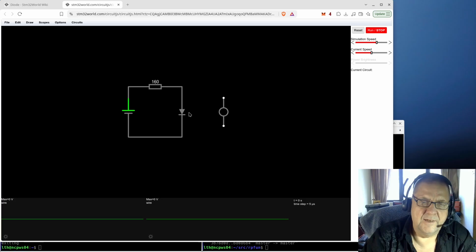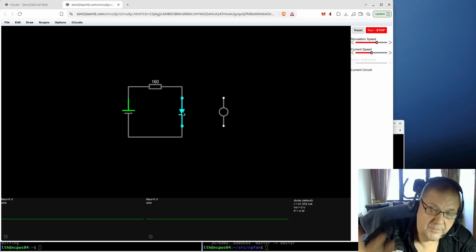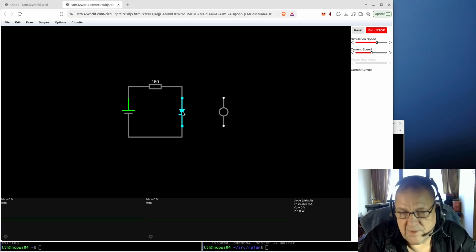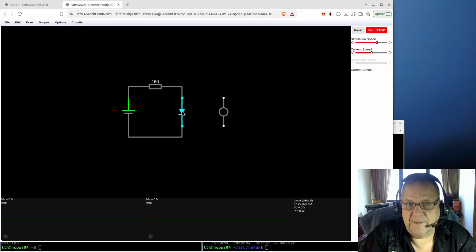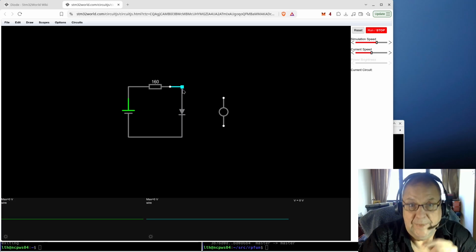So if I'm saying that this diode will have a forward voltage drop of 0.6 volt or 0.7 volt, depending on what diode it is, there will be 5 volt here. There will be 0.6 or 0.7 volt here.